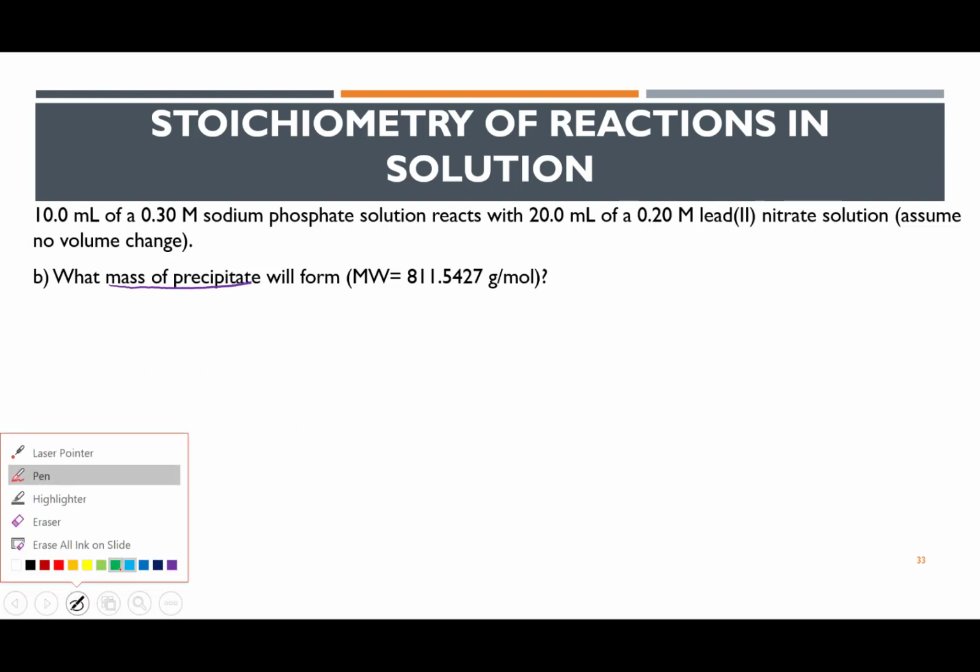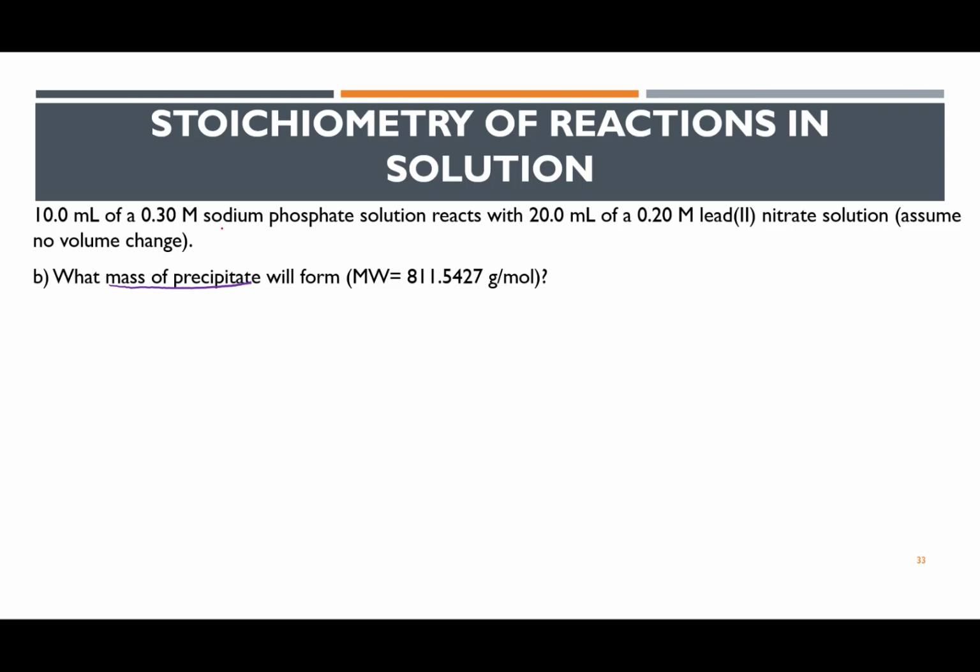Then I'm going to quickly write out the balanced chemical equation right up here. 2 sodium phosphate plus 3 lead(II) nitrate produces 6 sodium nitrate and lead(II) phosphate.